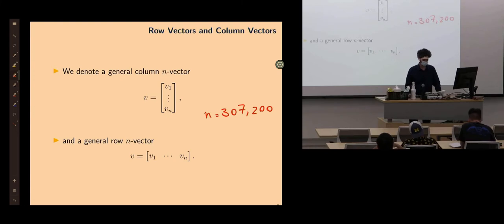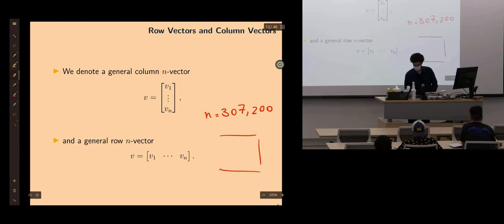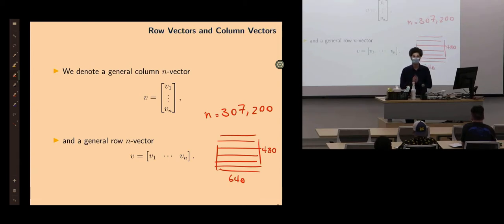Something easier: one image that I take with my camera. If you have an image, and it has 480 pixels here and 640 here, so an image is just an array of numbers. Let's just say it's a grayscale image, because if it's color, you have 3 arrays: one for red, one for green, one for blue.